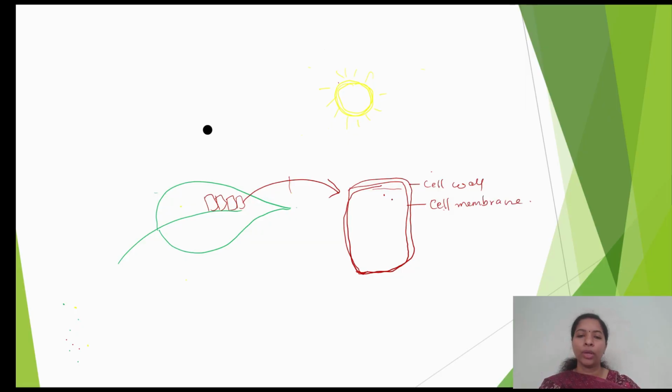Inside, I'm giving a rough figure, there will be a vacuole, then the nucleus. Many other organelles will be present. Along with all these other organelles, we have our target organelle, which is called the chloroplast.